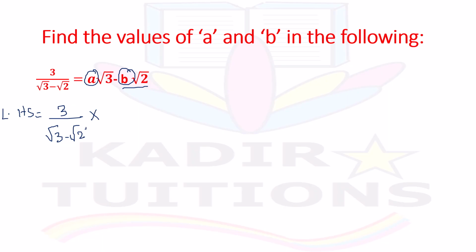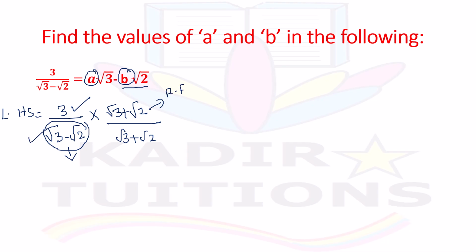For doing the rationalization of this, we have to multiply with the rationalizing factor. What is the rationalizing factor for this? It's nothing but root 3 plus root 2 divided by root 3 plus root 2. We are going to multiply both the numerator and denominator with the rationalizing factor of the denominator. So now we will simplify this.